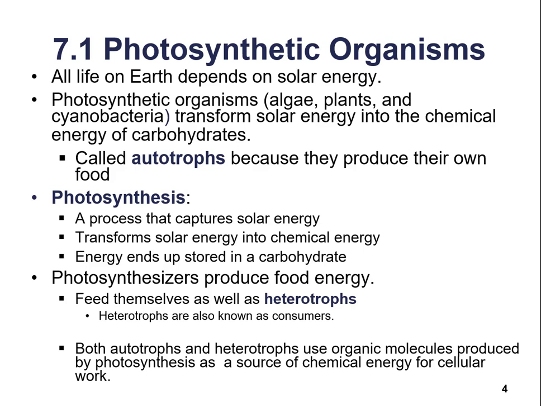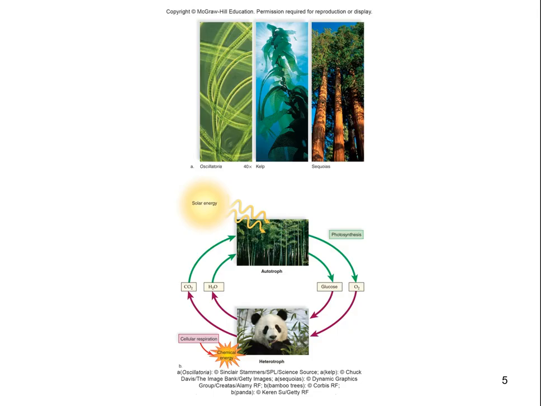But autotrophs themselves need to utilize some of that energy to basically perform other types of chemical reactions in the cell. Okay? So we've pretty much seen a similar figure like this before in various different ways. This is really showing you the cycling of energy in an ecosystem, also the relationship between autotrophs and heterotrophs.